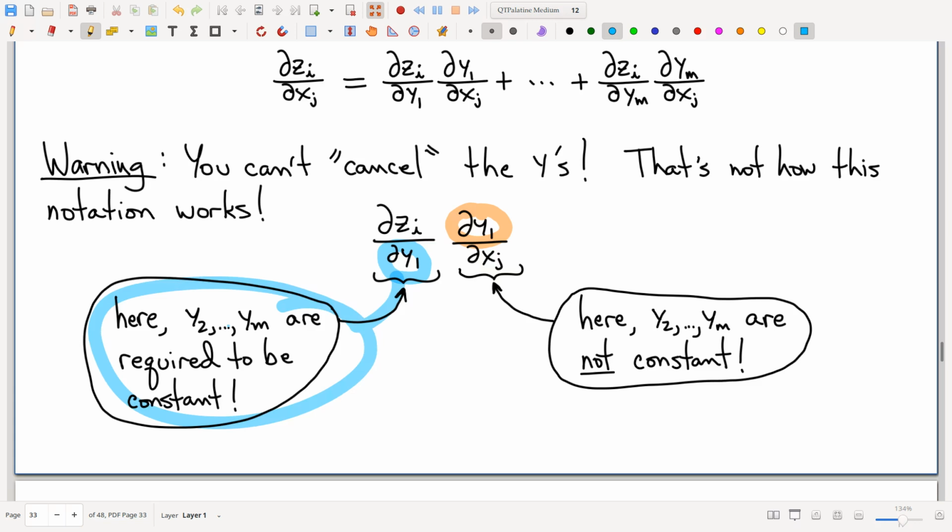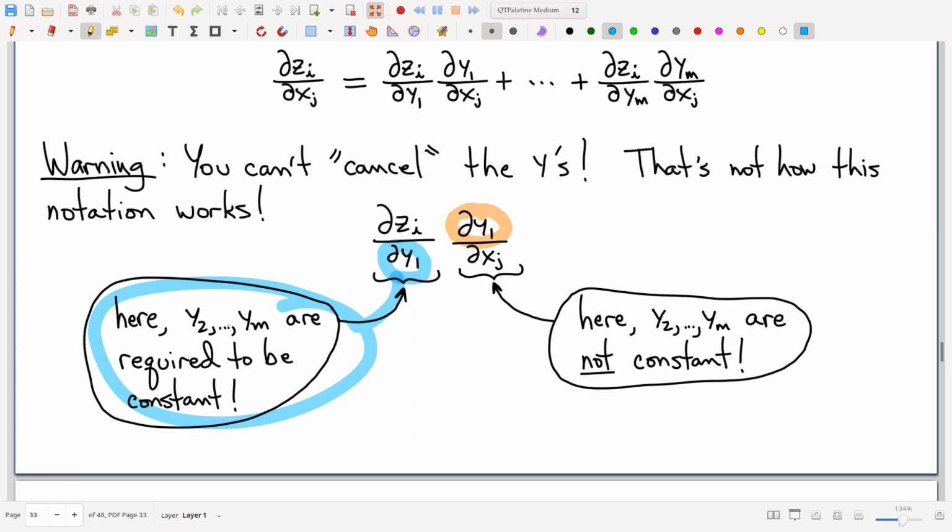Well, this represents how much y1 changes in a certain scenario. The scenario in which this represents how much y1 is changing is a scenario in which, again, keeping in mind these are partials, all the other y's are constant. That's how partial derivatives work. That's what this represents. It represents, again, a scenario where all the other y variables are constant.